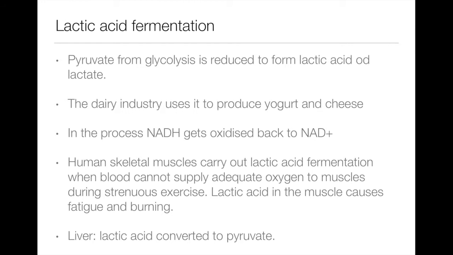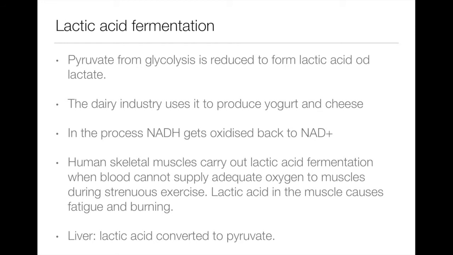Human skeletal muscles also carry out lactic acid fermentation when the blood cannot supply adequate oxygen to muscles during strenuous exercise. Lactic acid in the muscle causes fatigue and burning, and this is why after some time of strong exercise you may get cramps.